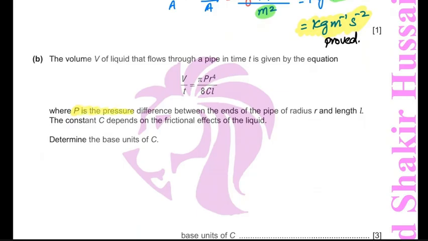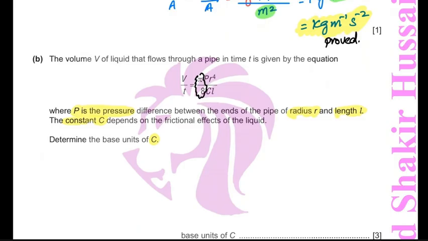They have already mentioned what each of the alphabets represents. So P is the pressure difference, R is the radius, L is the length, C is just a constant, and you need to determine the base units of C. So you just rearrange this equation, and remember when you are finding the base units, you completely ignore the constants.